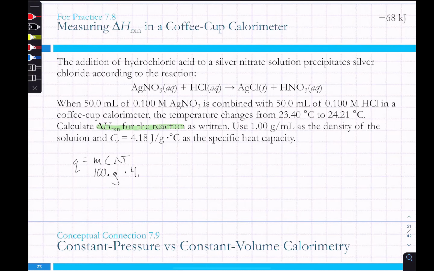And then 4.18, that's joules per gram degree C, times 24.21, which is our final temperature, minus 23.40, our initial temperature. So Q of our solution is 338.58 joules.